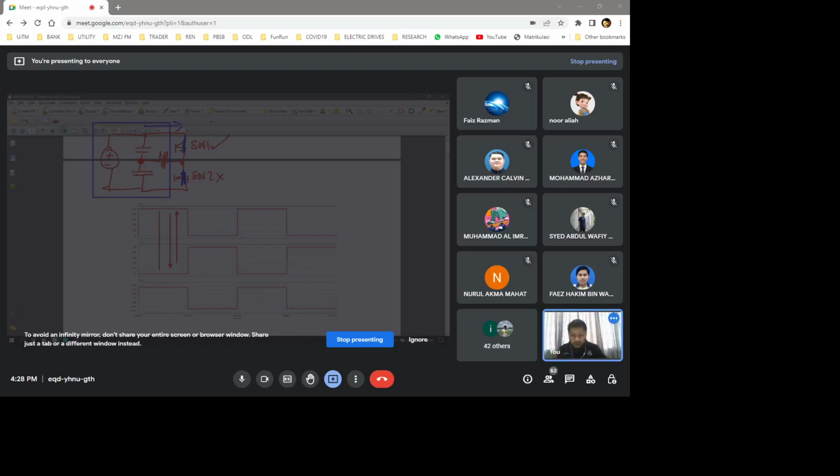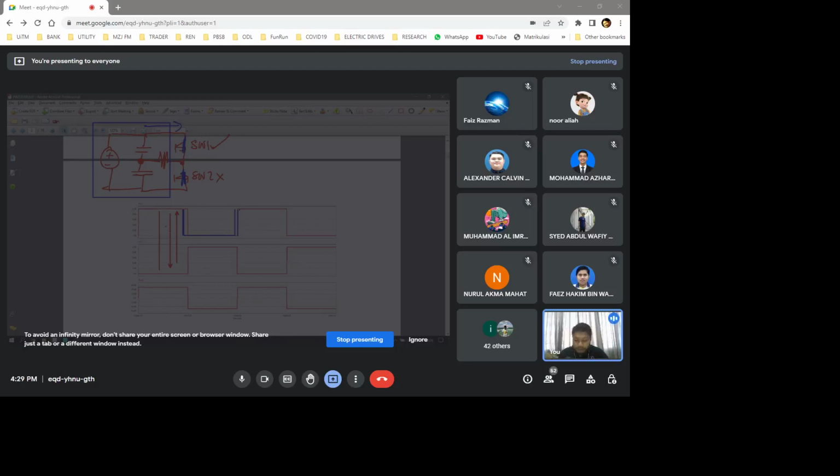In practice, we're going to have some delay between switch 1 and switch 2, so there is no overlap of switching.